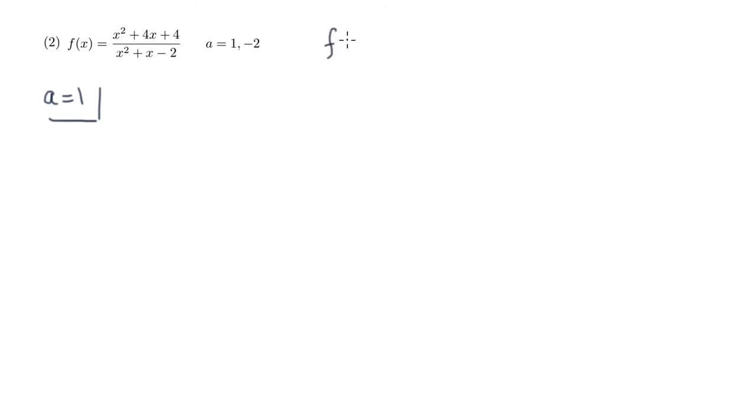I can factor the numerator and the denominator. The numerator is x plus 2 squared; if you FOIL that out, you get x squared plus 4x plus 4. The denominator factors as x plus 2 times x minus 1.